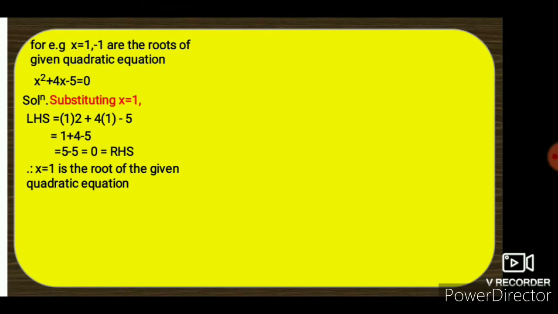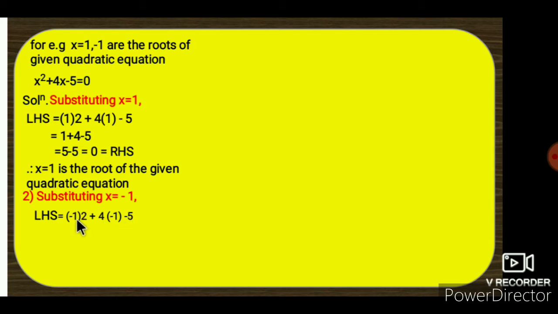Now students, substituting the next value, x is equal to minus 1 in the given equation, we get minus 1 square plus 4 into minus 1 minus 5.